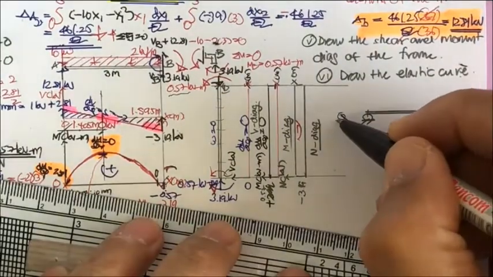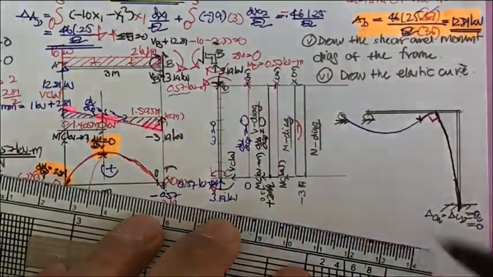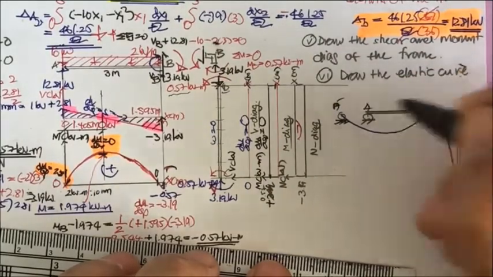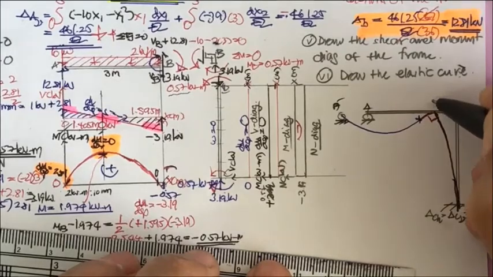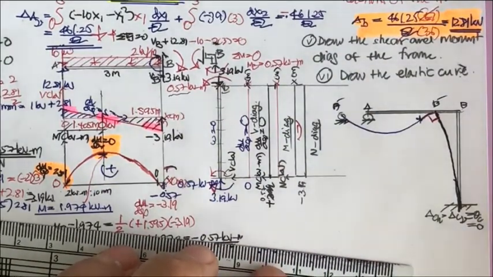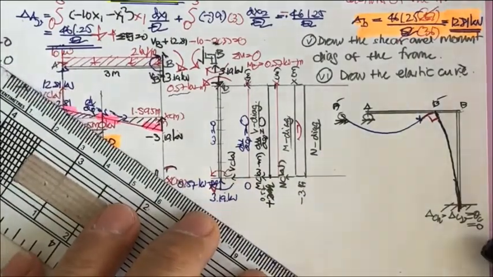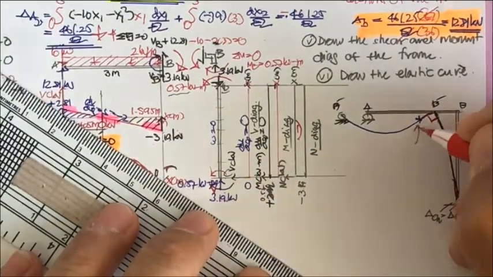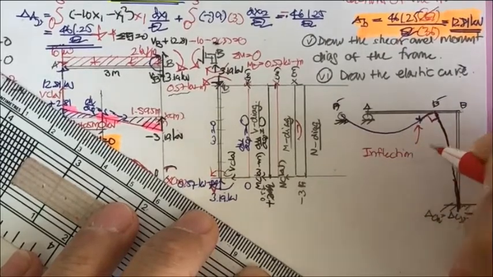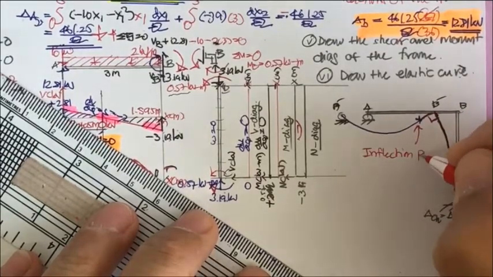And this is going to be the point, from A to A prime, and from B to B prime. And what else is going to be the same as before? And this is going to be what? This is going to be the inflection point.